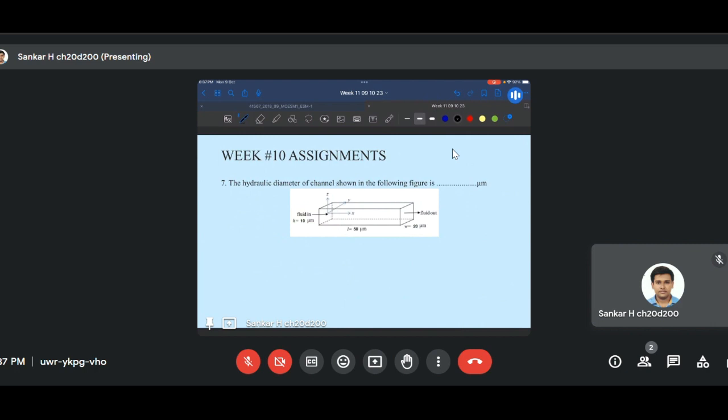Okay, there is a next question. There is a hydraulic diameter of channel shown in the figure that is given, and we have to find the hydraulic diameter of the channel that is shown in the figure. So it is given that the fluid comes in the YZ plane and leaves through the YZ plane. So the area of this plane, that is the YZ plane, is being considered.